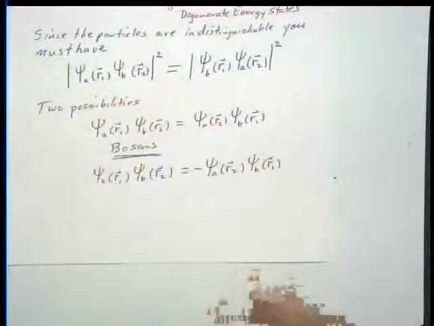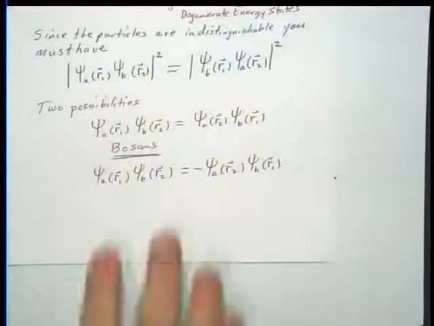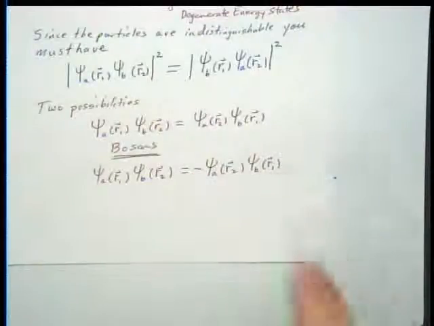So if you think about it, this is even and odd, right? But we're not talking about just flipping x to minus x. That's what we talked about there. Instead of flipping the coordinate axis around, what you're talking about is exchanging the particles. So it's a very similar type of idea. And when you square that, and you square this, that minus sign will go away, and you get the same condition. These guys are called fermions.